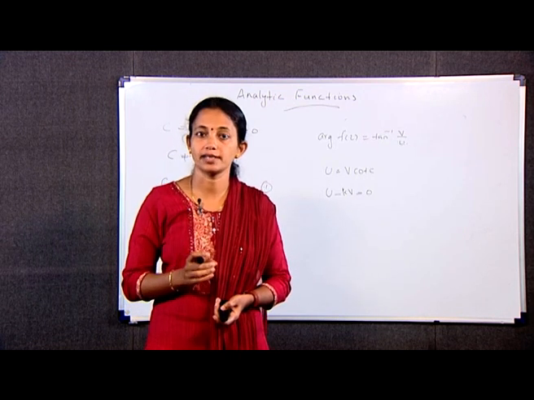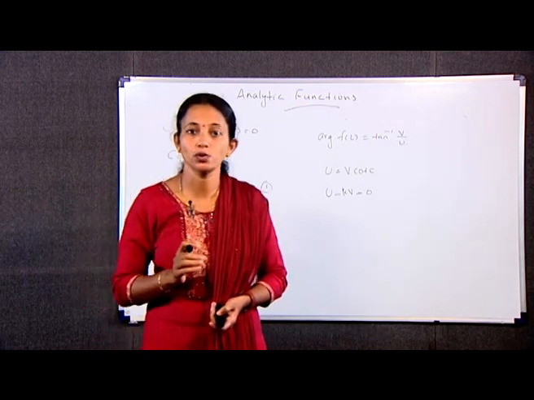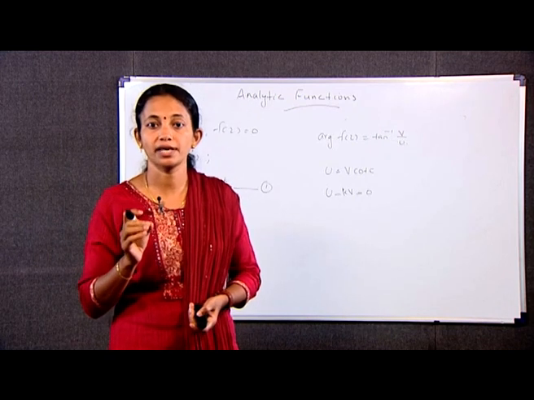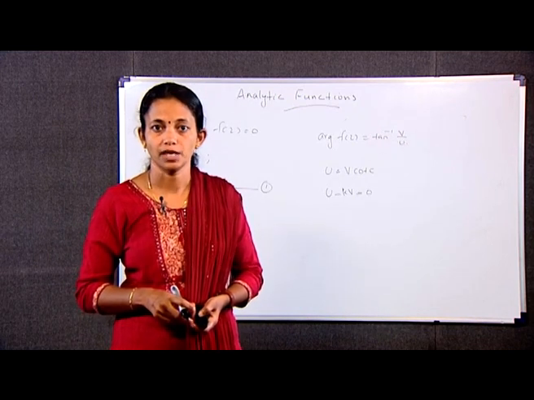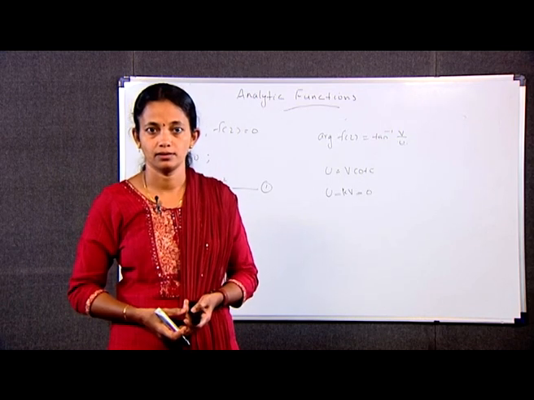Next, we have an example: find an analytic function whose real part is e raised to x into (x cos y minus y sin y), and which takes the value e at z is equal to 1.